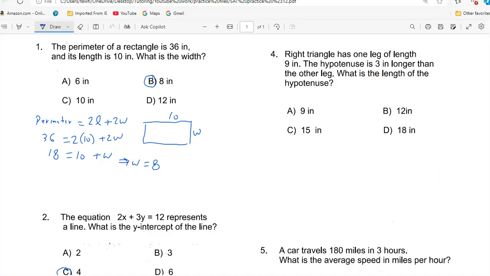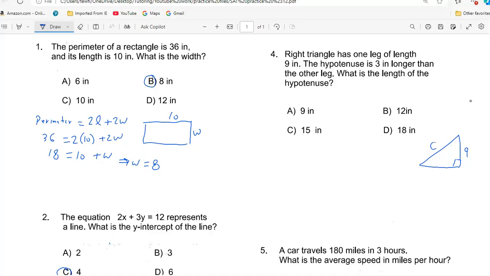So if you just visualize it, we have a right triangle here, and the problem said one leg is 9 inches, so consider this is a 9, and the hypotenuse is 3 inches longer than the other leg, which is this one. What is the length of the hypotenuse? So I'm looking for the hypotenuse. So let's call the hypotenuse C.